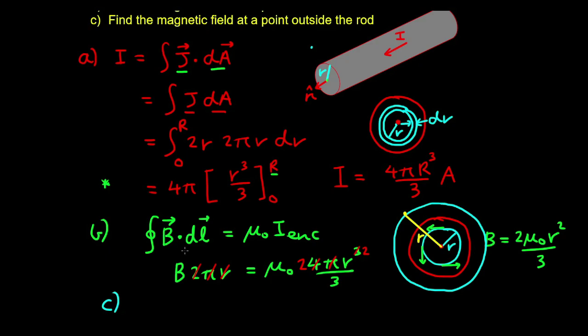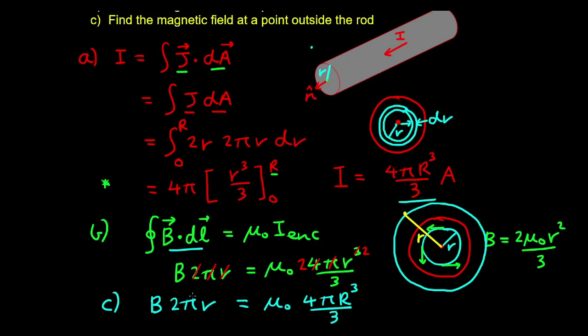So again, applying Ampere's law, we have B by 2 pi r is equal to mu naught by the current enclosed in this loop. So we obtain the total current from part A. So that's the total current inside the loop.